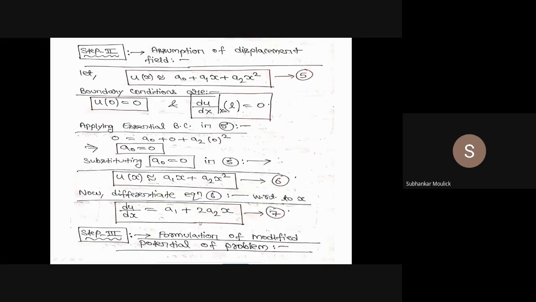That means you have to differentiate this u one time. That differentiation, du over dx, with respect to x, will be d/dx of a1 into x, which is a1 because d/dx of x is constant, plus a2 into d/dx of x square, which is 2x. So the differentiation of u, that is du over dx, becomes a1 plus 2a2x, which is equation number 7.